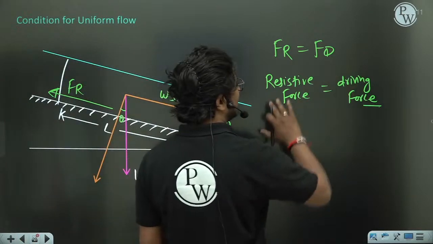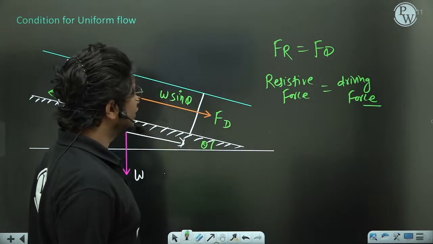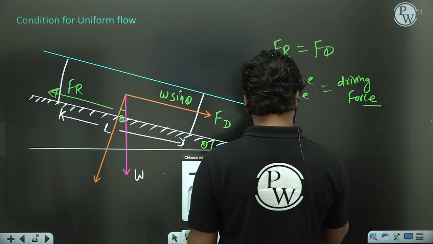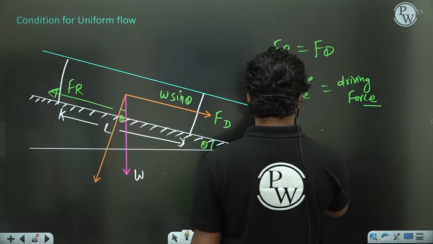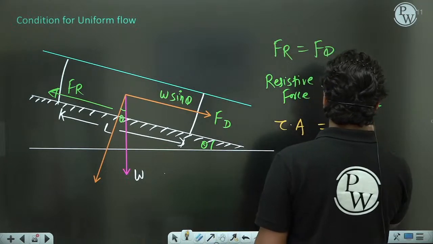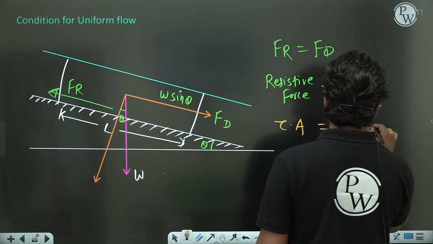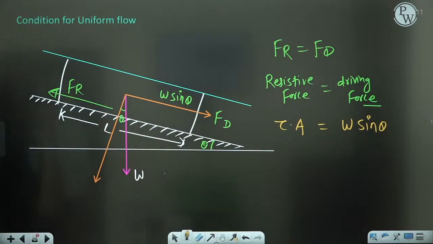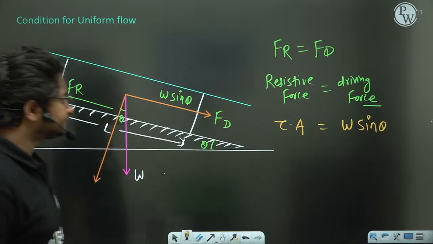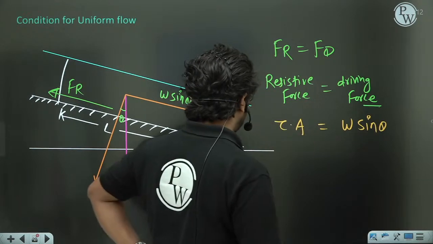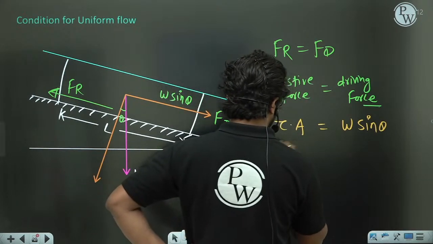Now if you write this part, you can write like this. Resistive force will be shear stress into area. A driving force will be W sine theta. Now if you want, you can find out the formula of tau also from here, like tau into area.